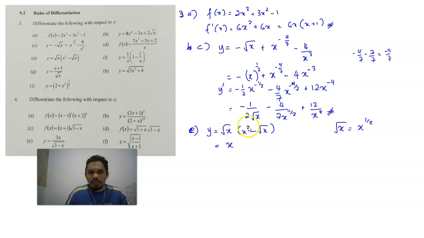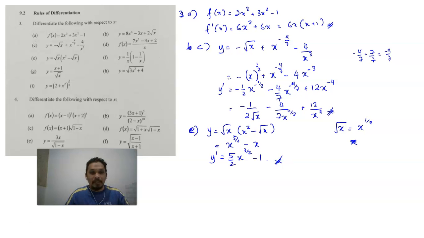Just imagine that 2 here is 4 over 2. 4 over 2 plus 1 over 2, 5 over 2. Then minus x to the power of half times x to the power of half, half plus half equal to x to the power of 1. Then y prime equal to 5 over 2, x to the power of 5 over 2 minus 1, then minus the power of 3 over 2 minus 1.